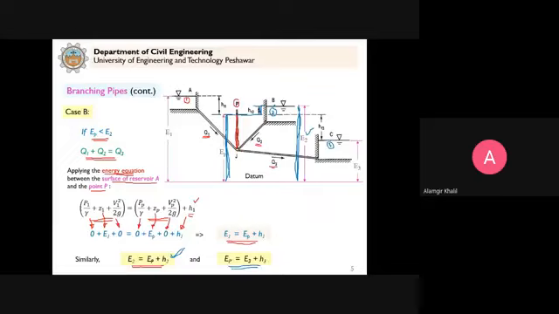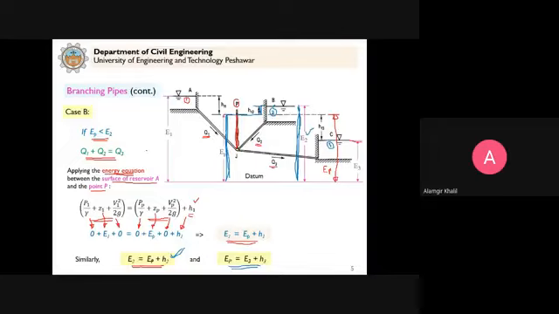You can see here this is EP. So this is equal to H3, and then E3. So EP is equal to E3 plus H3.